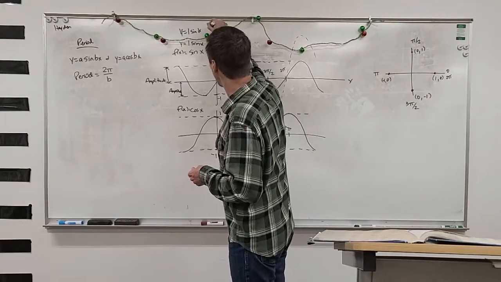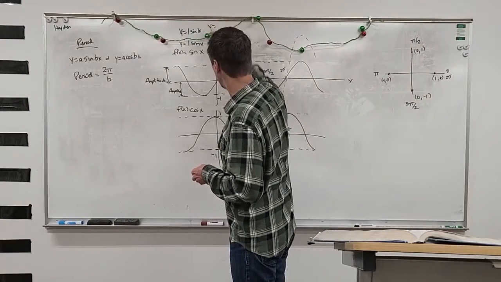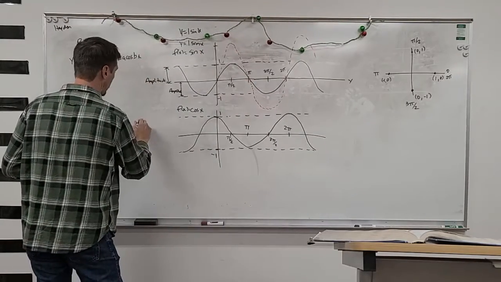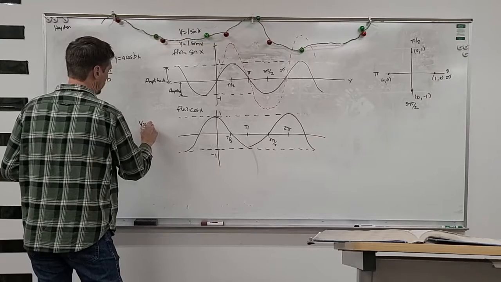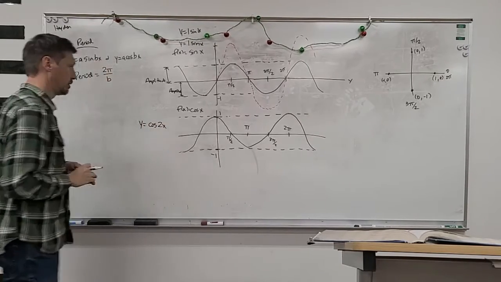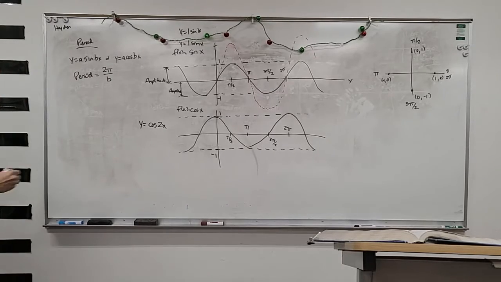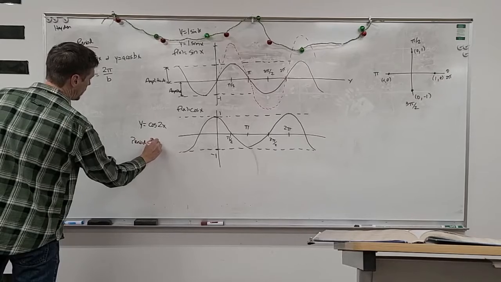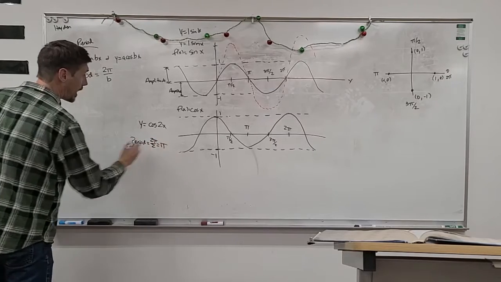But what about y equals, I'm running out of room here, so let me jump down to my cosine. Let's say we have y equals cosine of 2x, right? So now my period is 2 pi over 2, which is just pi.